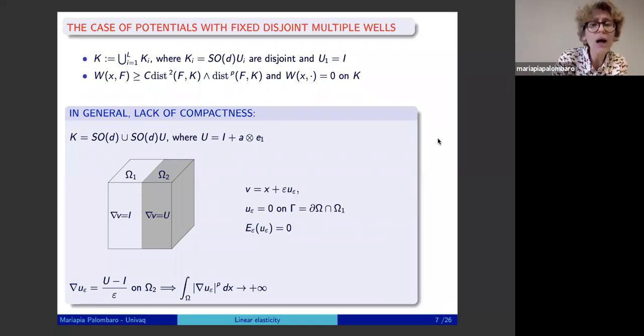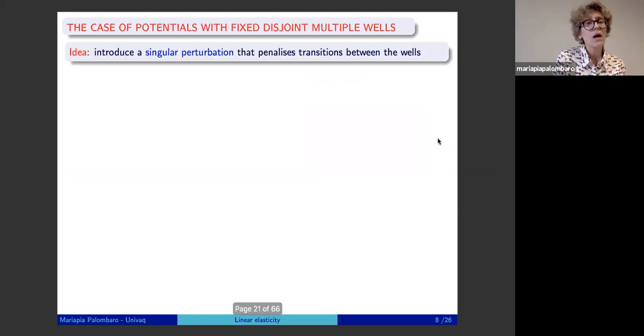So how can we recover compactness, which is a very important property in order to guarantee that the linearized model is a good approximation of the nonlinear energy? An idea that we successfully exploited in the continuum setting is to introduce a singular perturbation that penalizes transitions between the wells.